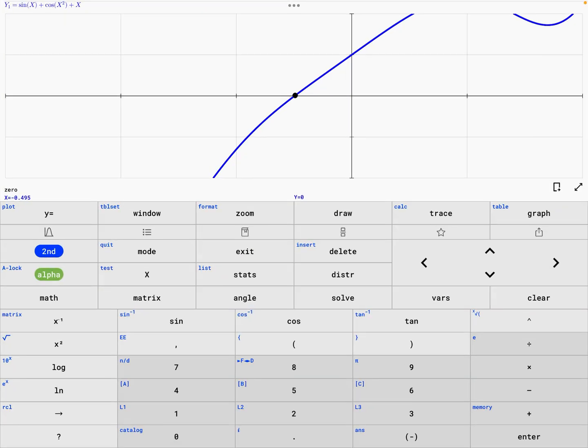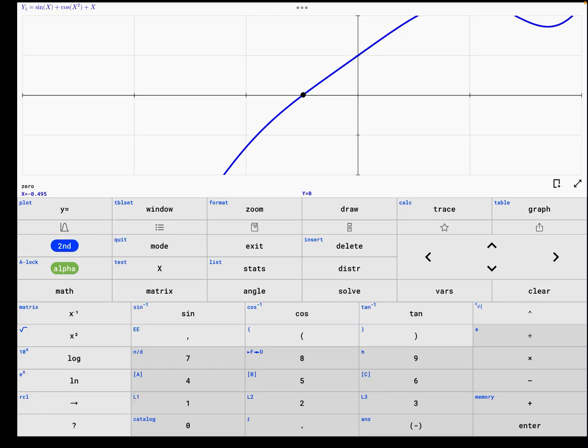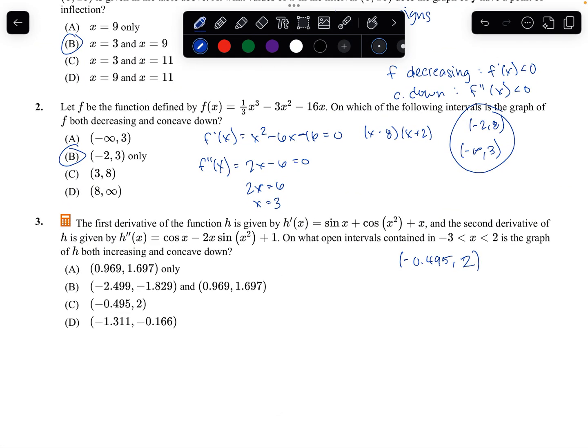Right? Okay. So that's where h is going to be increasing. But where is it going to be concave down?